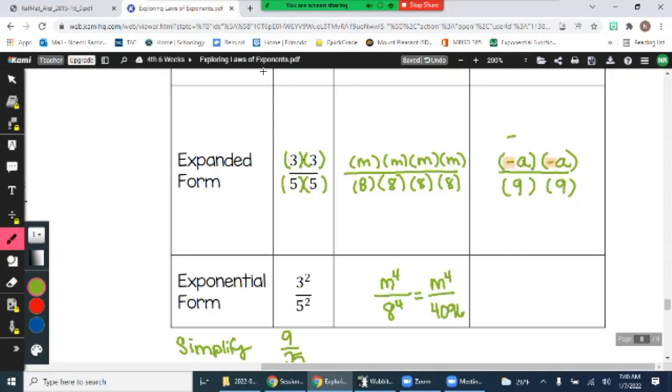But just think about the fact that a negative times a negative makes a positive. So that's going to be a positive A, and since we are multiplying it twice, A squared. 9 times 9, 9 squared. Now you can simplify the bottom part of this fraction. 9 times 9 gives you 81.